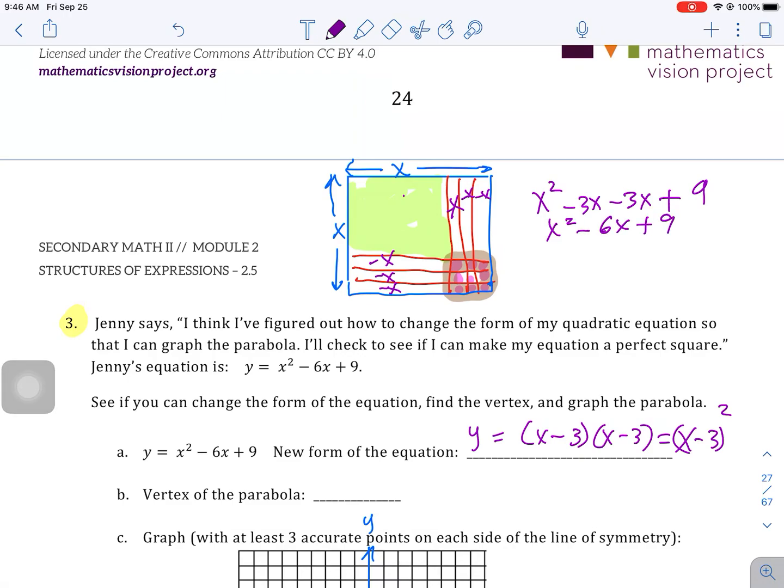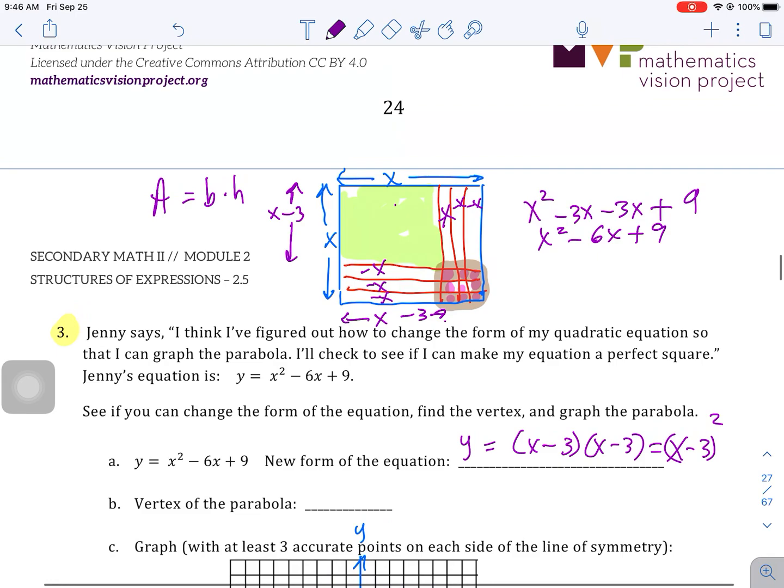And you can always use base times height. Area is base times height. Well, the base is going to be x minus 3, and the height of the green is also x minus 3.